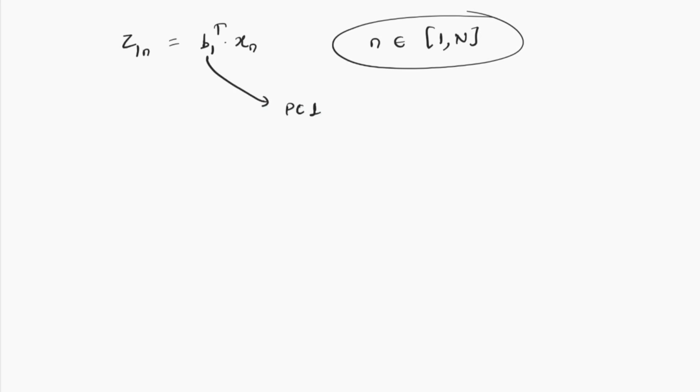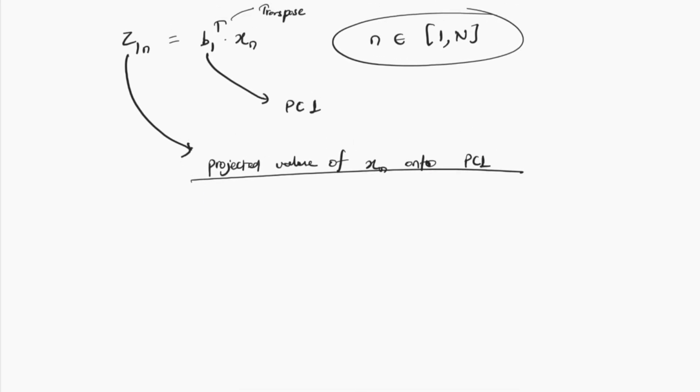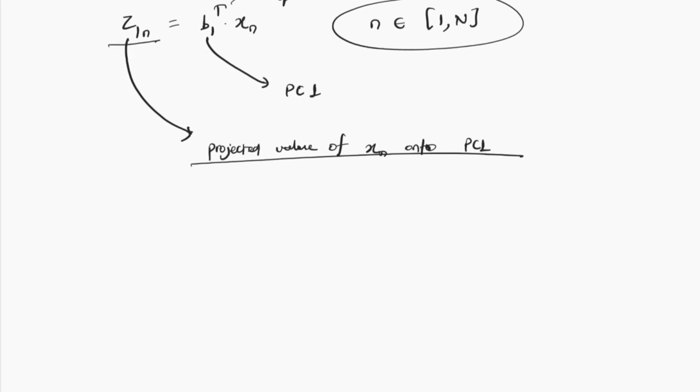For PC2 we may write it as b2 transpose. And this one is nothing but the projected value of xn onto PC1. So z1n is what we get when we project the data on basis 1.